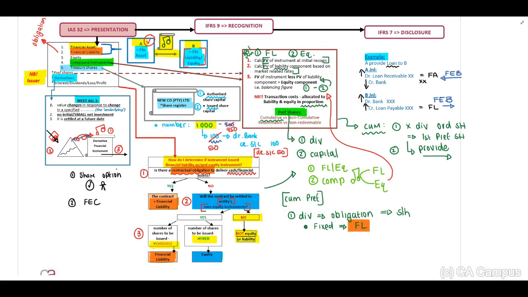For example, if we have an entity, let's call this ABC, that purchased goods from US Limited, and the goods purchased is an amount of $100. But the payment date is only within 6 months from transaction date.